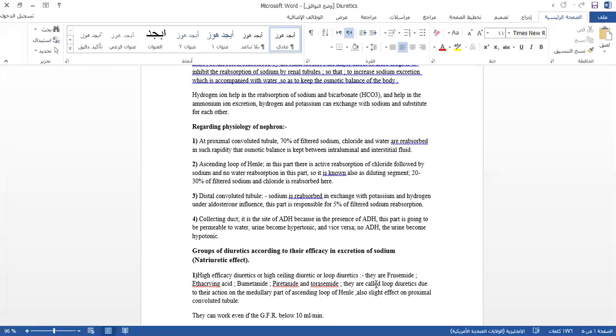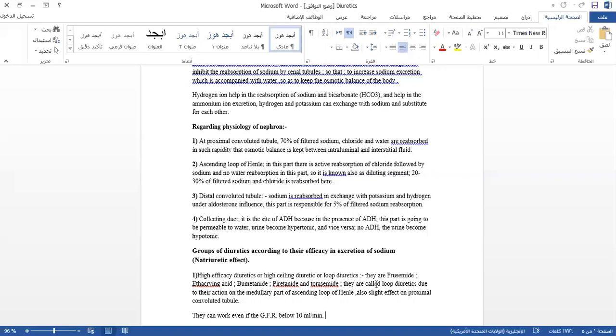When the body needs sodium, aldosterone is secreted to enhance reabsorption of sodium and water. As we know from physiology, aldosterone is a hormone secreted from the adrenal cortex in response to hypovolemia or hyponatremia, when we need water in hypovolemic shock, or when there is hyponatremia, a decrease in sodium concentration. It enhances reabsorption of sodium, about 5% from the distal convoluted tubule, in exchange with potassium and hydrogen excretion.